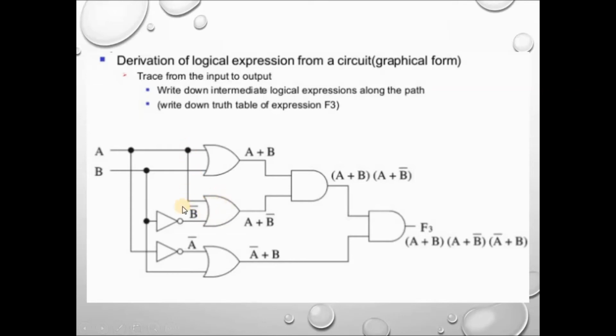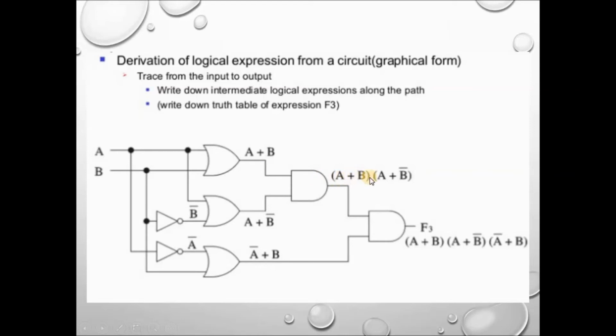A is there and this is B, B not is there, B bar, and this is an OR gate, so that is why A plus B bar. Clear? And in the next OR gate, A bar and from B it is coming, so A bar plus B.